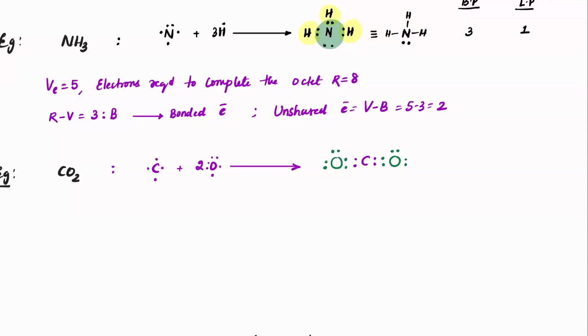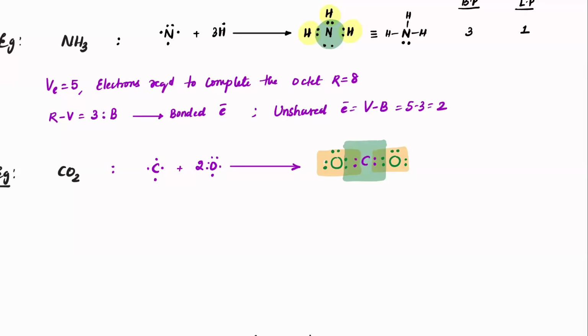Now you notice the number of electrons of oxygen: 8, octet is completed. Here also the octet is completed. And carbon's octet is completed here, and here also.